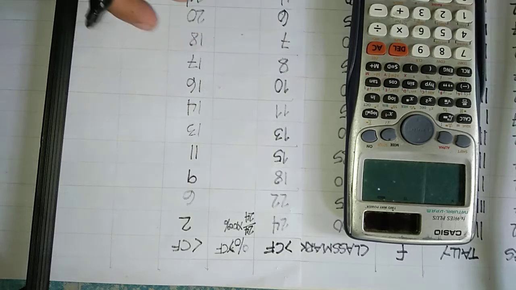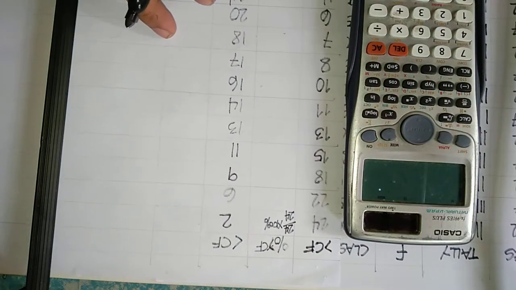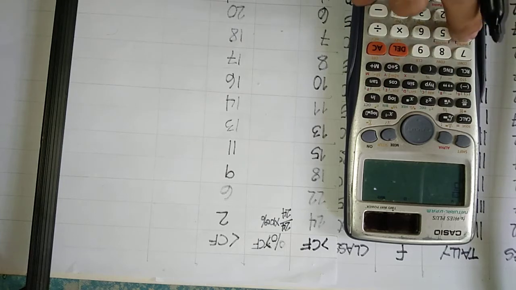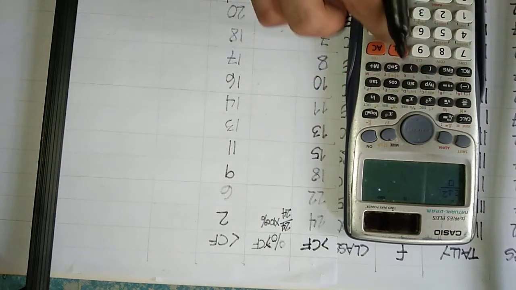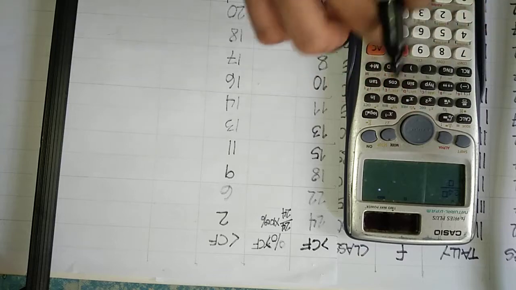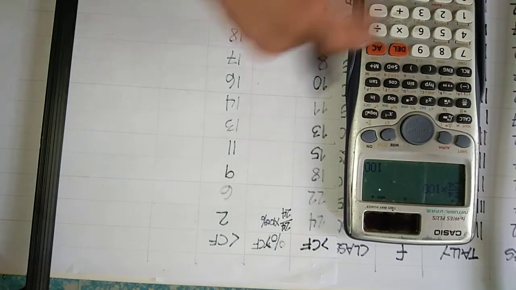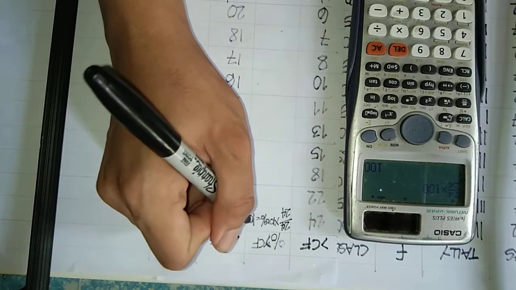Okay. So gagamit tayo ng calculator ngayon. So we have 24 divide 24 times 100. This is 100%.